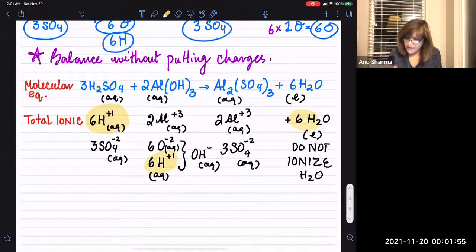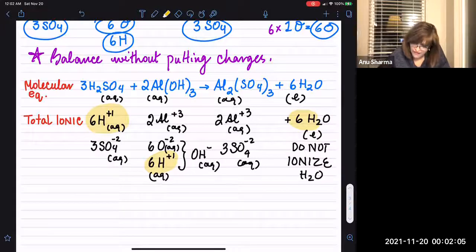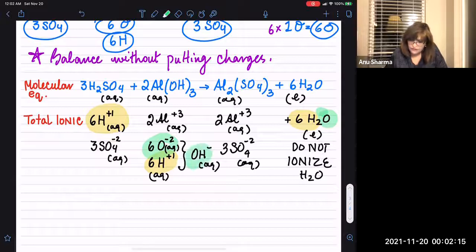So there are 12 hydrogens here. But change of state is seen. Same story with the oxygens also. You have 6 oxygens here, and you have 6 oxygens also here. So that's also showing the change of state, which is coming from basically this OH.